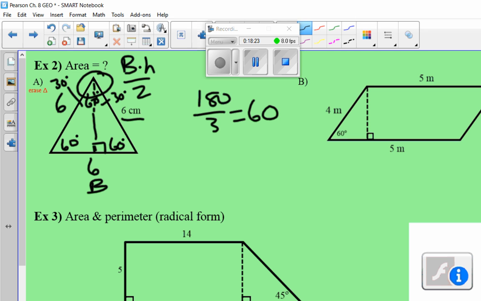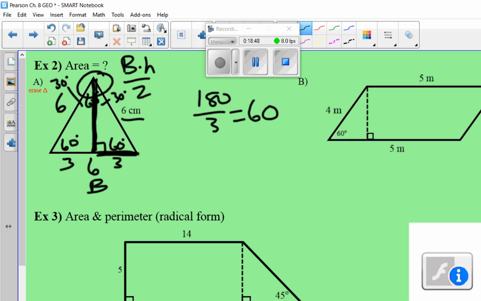So what happens down here at the base, I split it in half, 3 and 3. So this side right here becomes the short leg. I'll use the triangle on the right. That side becomes the short leg because it's opposite the 30-degree angle. And that will then allow me to get the long leg, which is really the height.